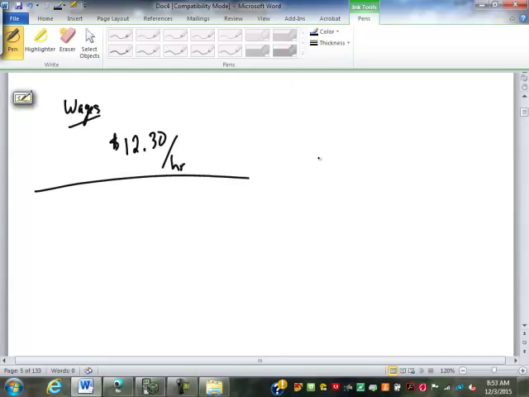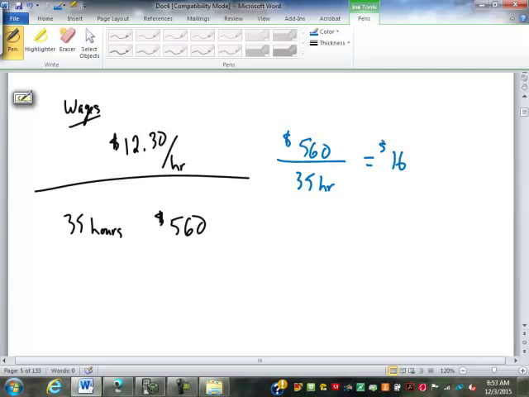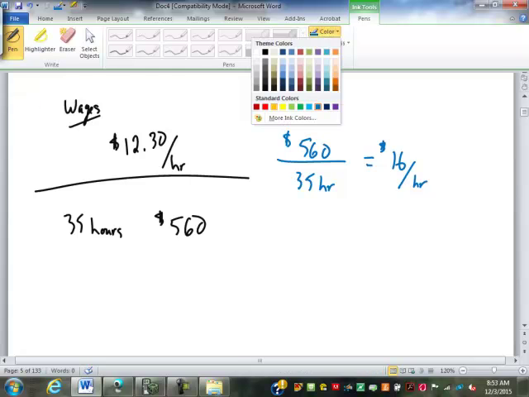If you work, let's say you work 35 hours and you get paid, let's see, what do I get paid? Let's go $560. Your rate is $560 for 35 hours. If you divide that out, that's $16 per 1 hour, or $16 per hour. Make sense?